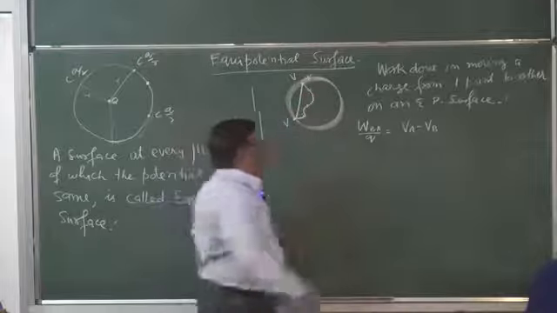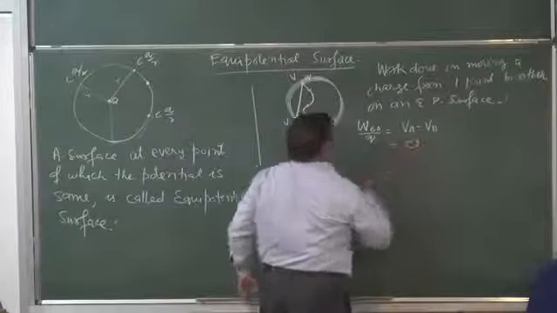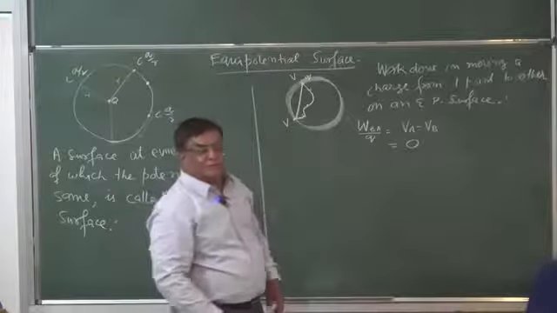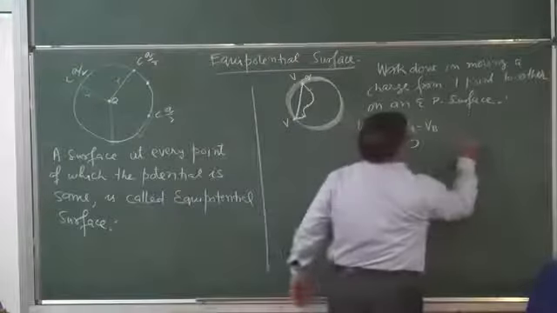VA minus VB is 0. Why 0? Because VA is equal to VB, it's an equipotential surface.